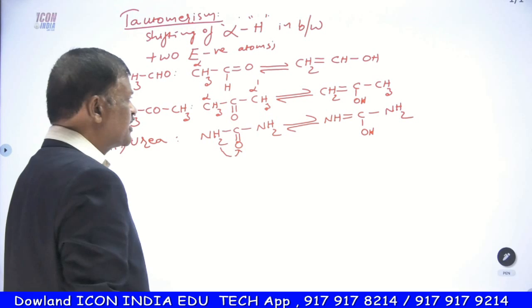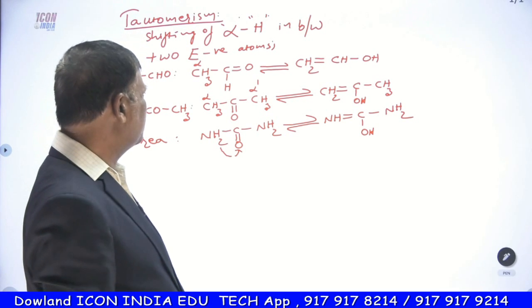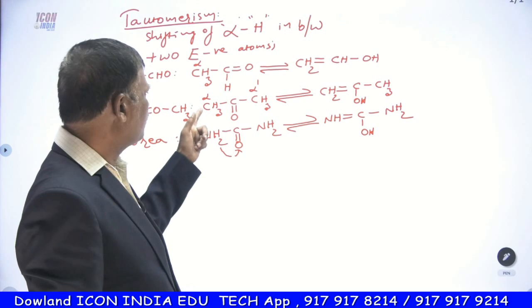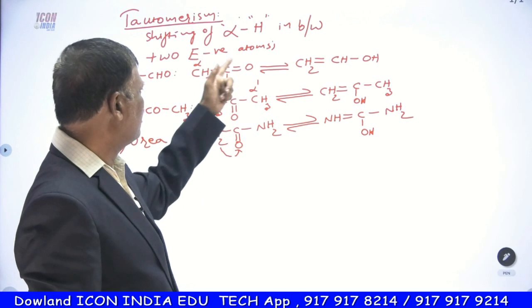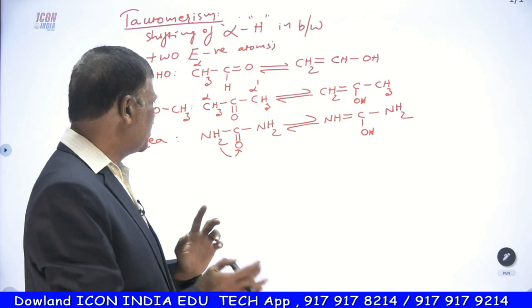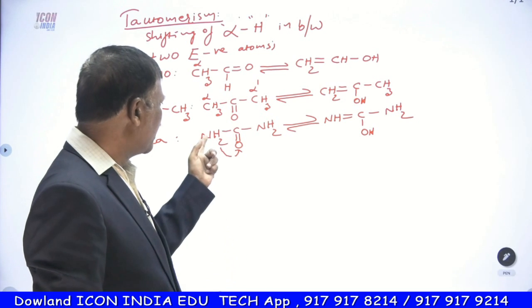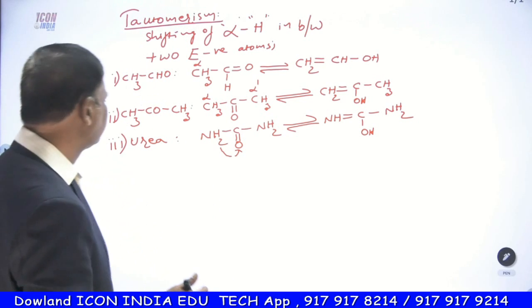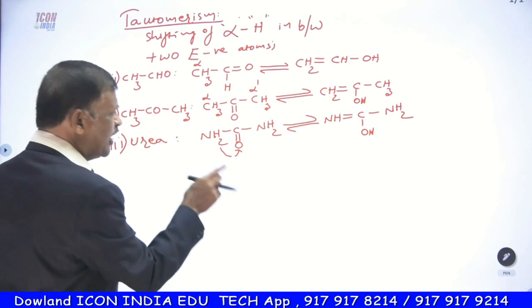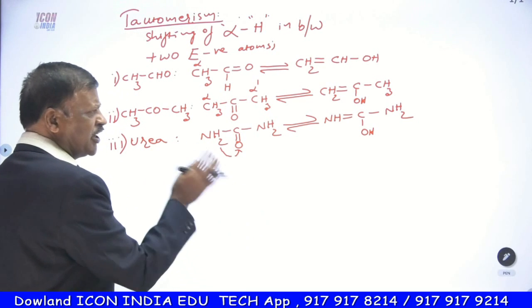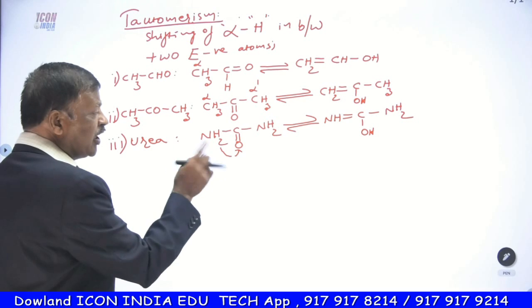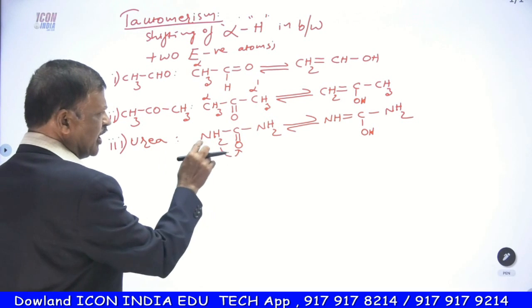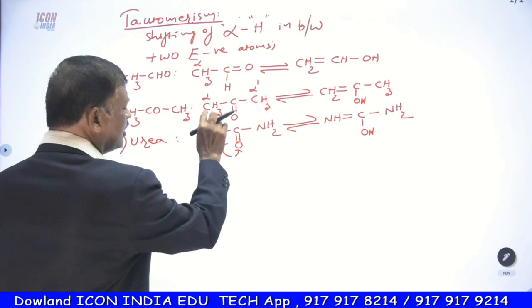So in the earlier cases, hydrogen was oscillating between carbon and oxygen, but now hydrogen is oscillating between nitrogen and oxygen in the case of urea. Thus hydrogen is shifting, migrating between two electronegative atoms like oxygen and nitrogen, or oxygen and carbon.